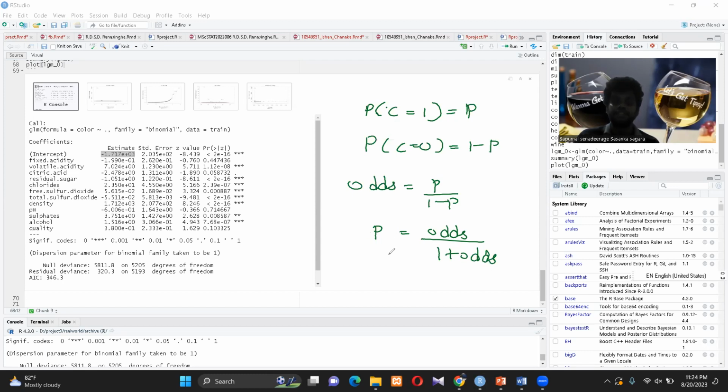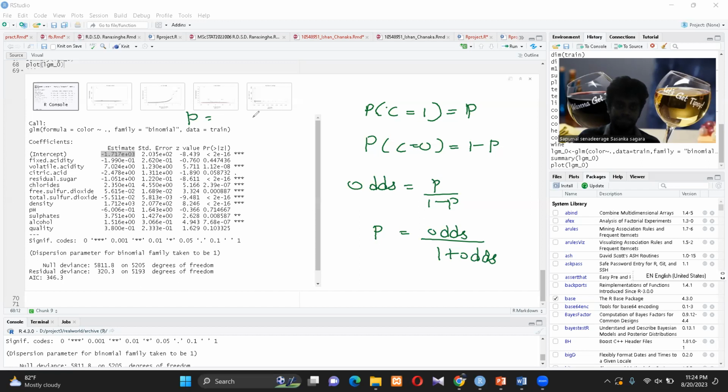Little p is given by odds over 1 plus odds. And in advance, we have implemented this little p. Little p is given by what?